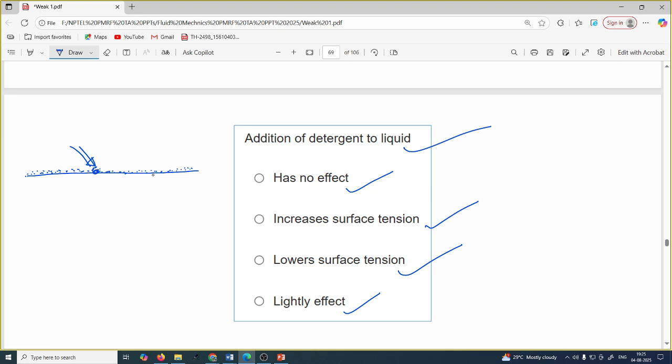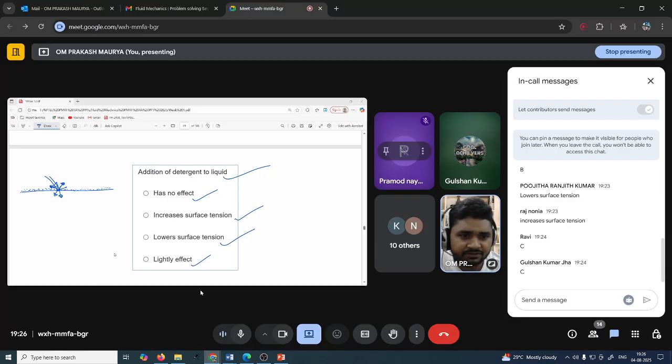As you have seen, the water particles move away from the detergent. Everyone agree with this point? As the detergent falls on the surface, the water particles try to move away from the detergent. Everyone agree? So actually, have you seen this type of phenomenon or not?